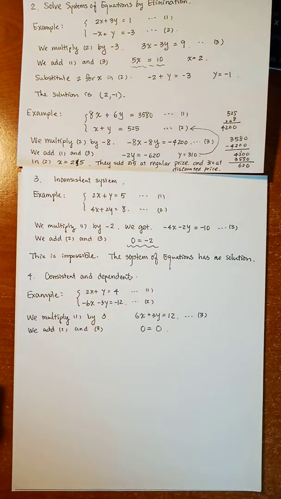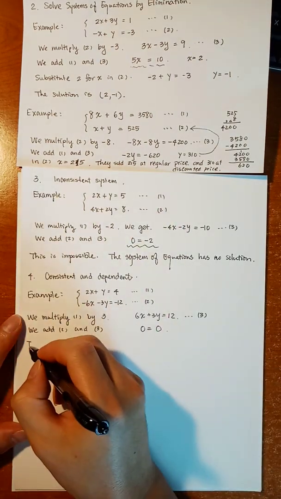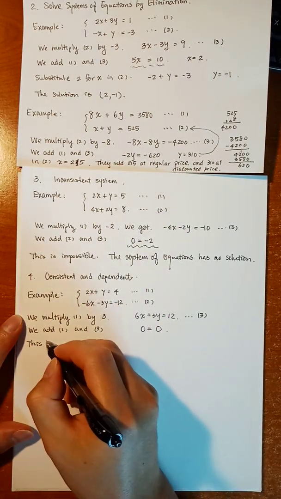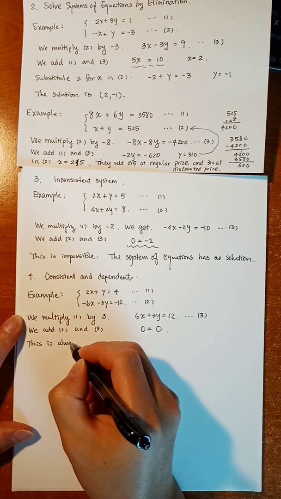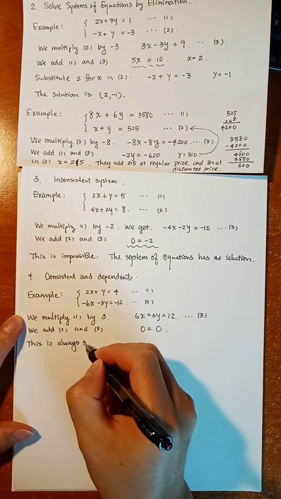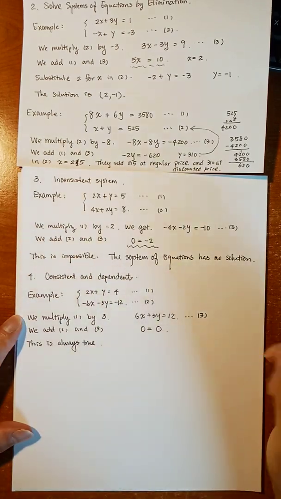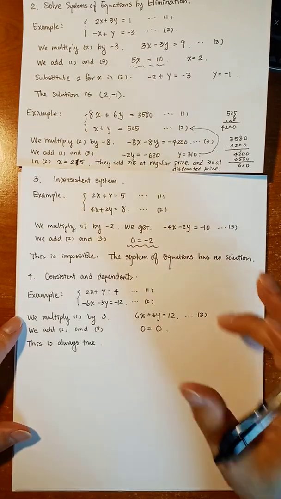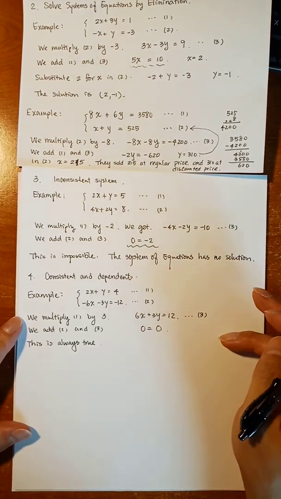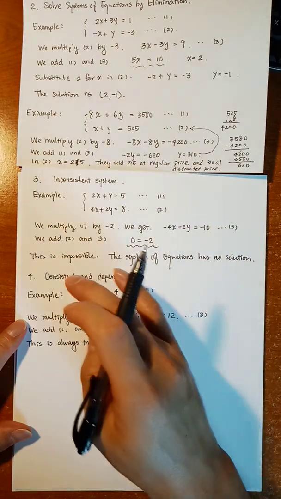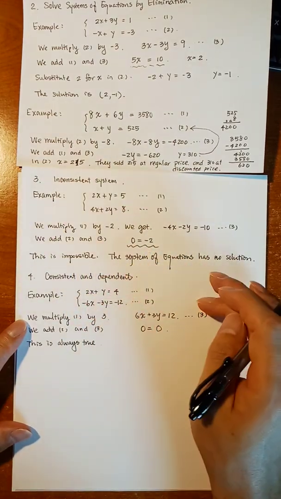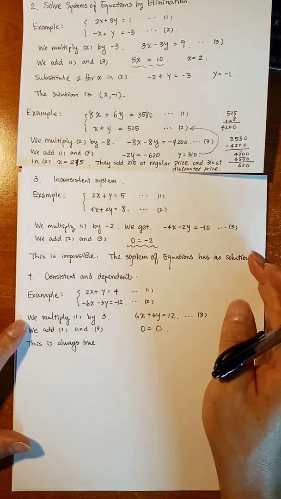So it's always true. It means you have two redundant, two identical, two equivalent equations. In other words, you can ignore one and just consider the other one.